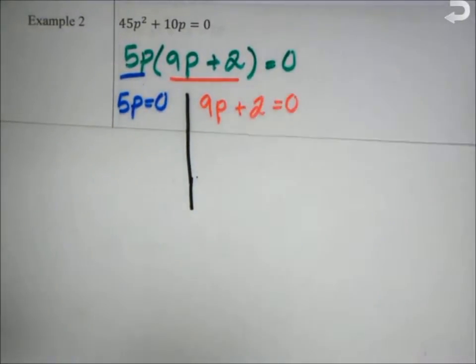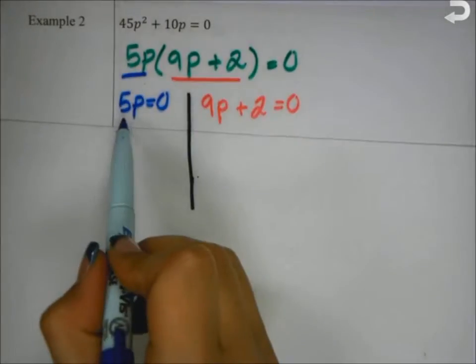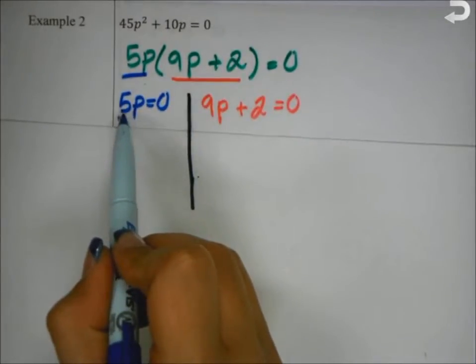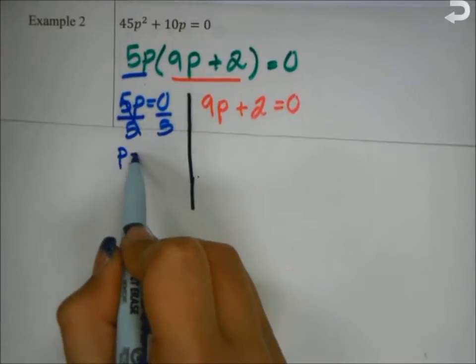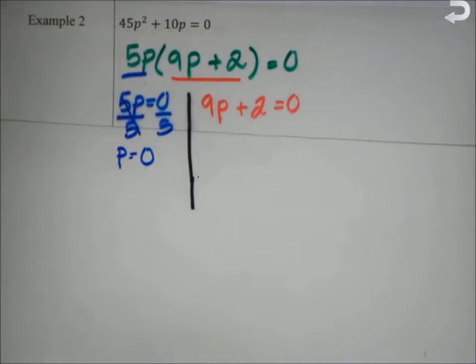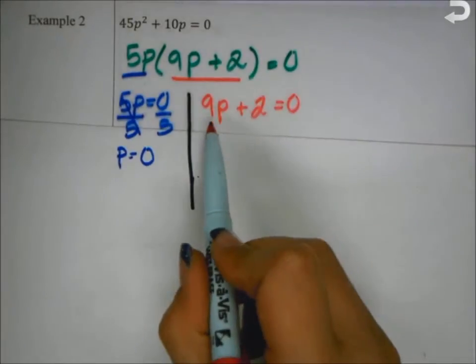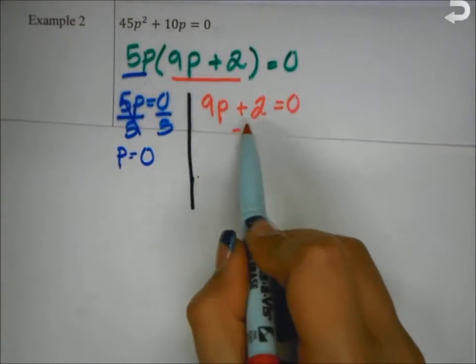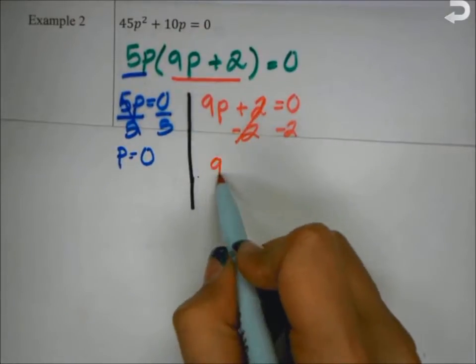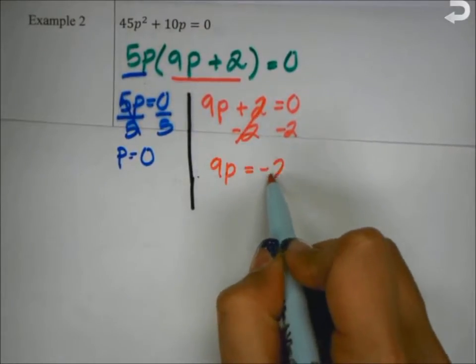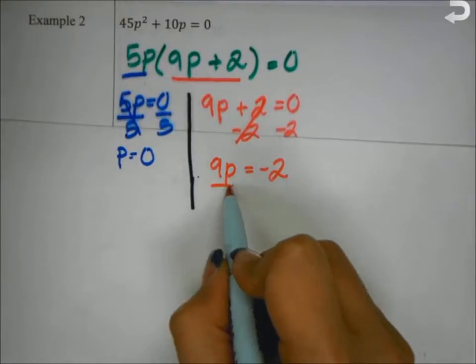Okay, so let's solve for the blue one. 5p equals 0. I divide both sides by 5, and I get p equals 0. And then let's solve the red one. I subtract 2 from both sides. 9p equals negative 2. Divide both sides by 9. So p equals negative 2/9.